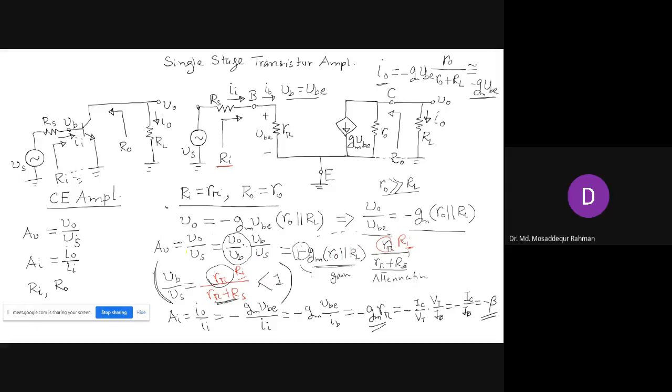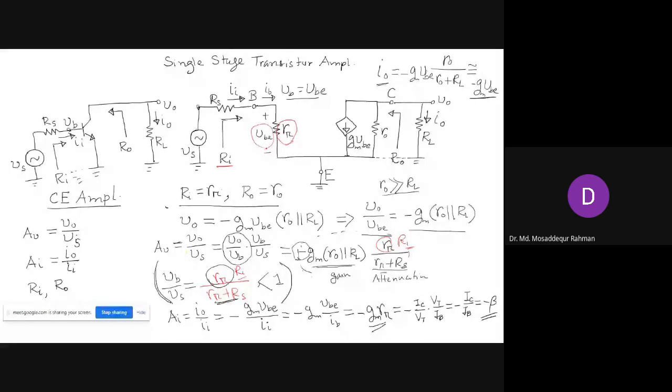The lower is Ri, the lower will be the value for Vb by Vs, and the lower will be your gain. So the lower the value of r pi, the lower will be this voltage.